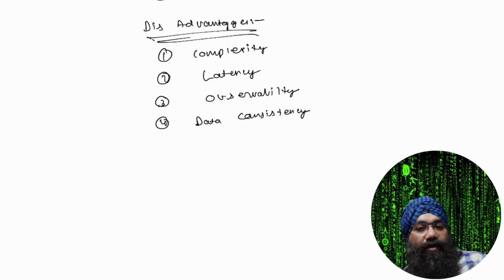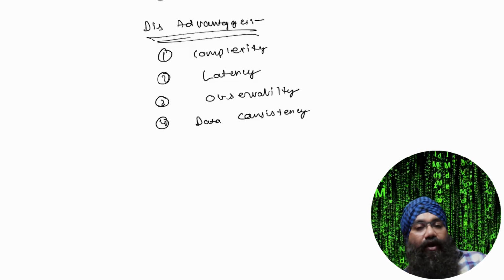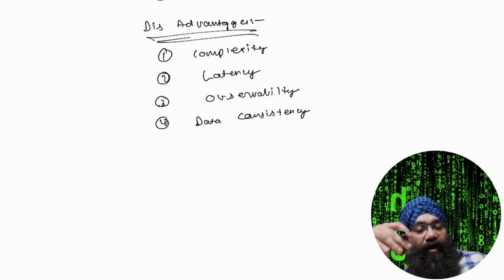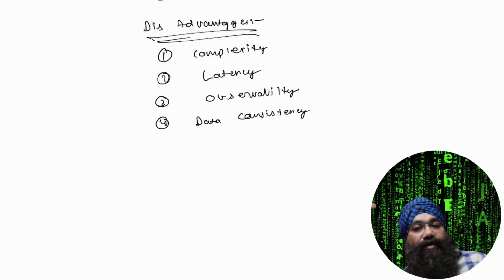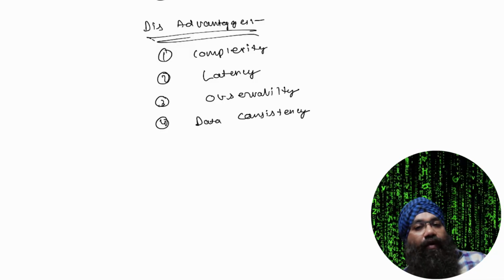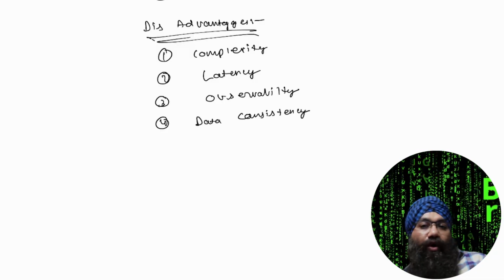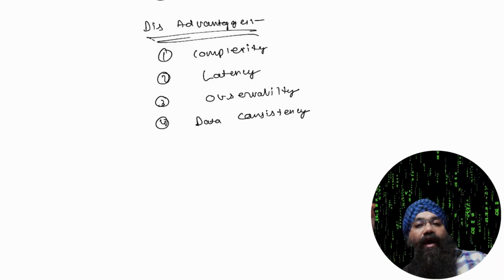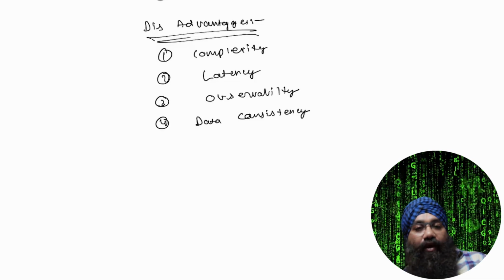You must have experienced this in Amazon as well, or any e-commerce site as well. Somewhere it says payment successful and it says order failed, or it says order successful, it says payment failed, or you see the inventory of the product, but when you try to buy the product, you are not able to buy the product. So data cannot be that consistent as compared to a monolith application.